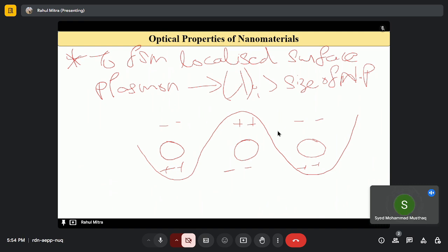Normally, as the particle size decreases, the plasmon frequency increases, or the wavelength of the light decreases, leading to a blue shift in the spectrum. However, for spherical gold and silver nanoparticles, their plasmon wavelengths do not cover the entire visible spectrum.